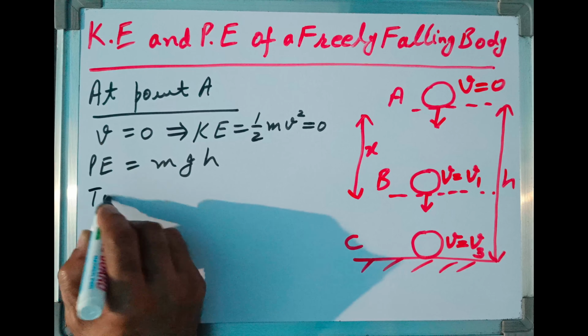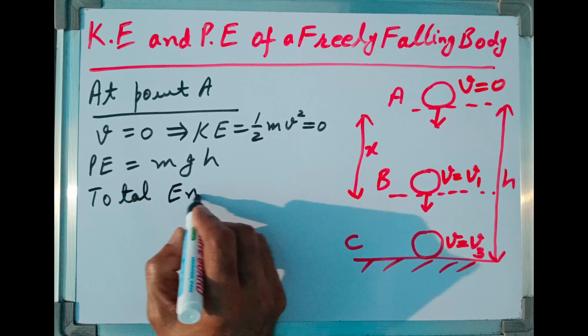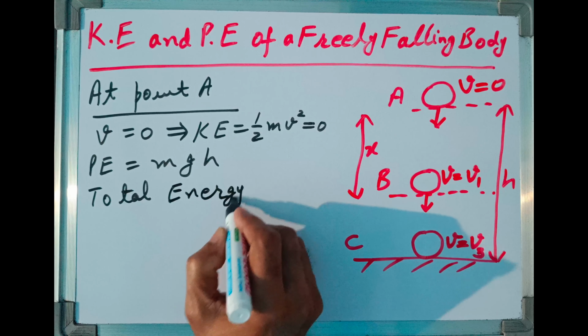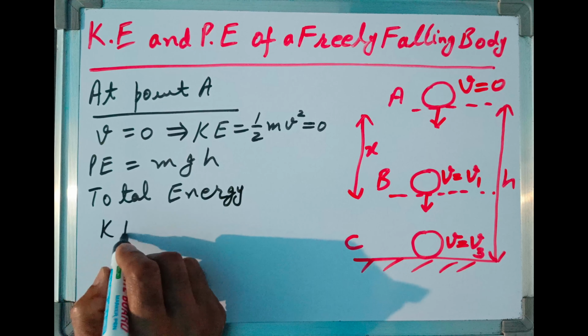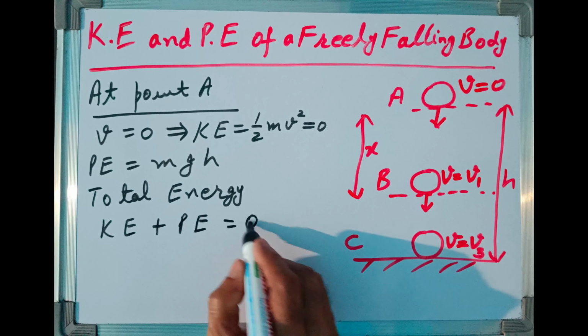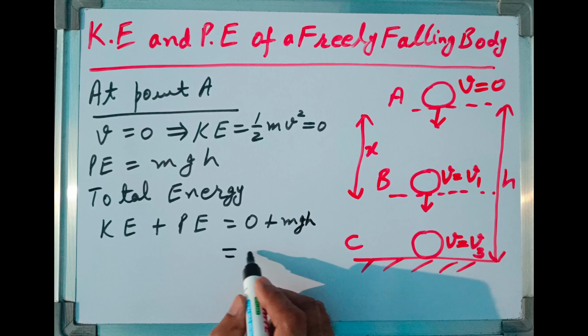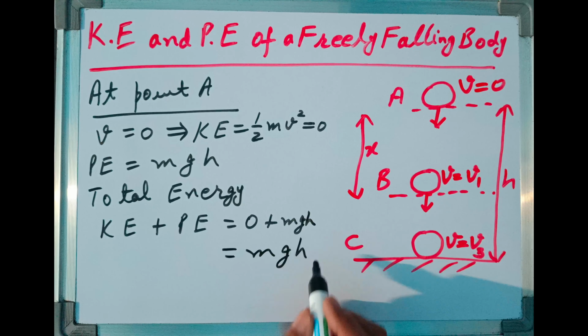If I find total energy, means total mechanical energy, which is sum of kinetic energy and potential energy, this will come out to be 0 plus mgh, means equal to mgh.